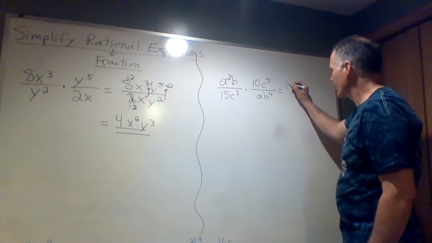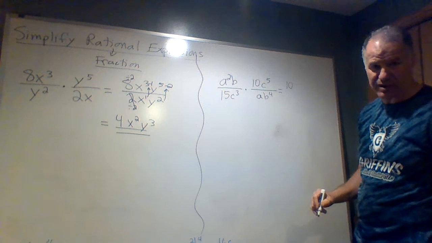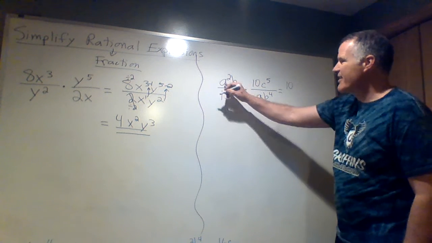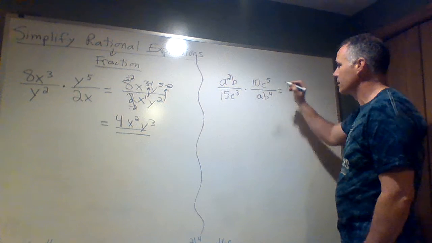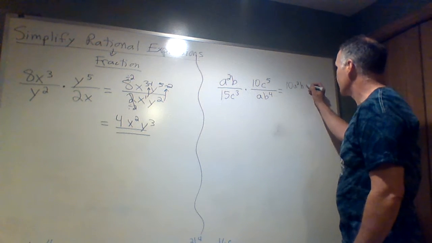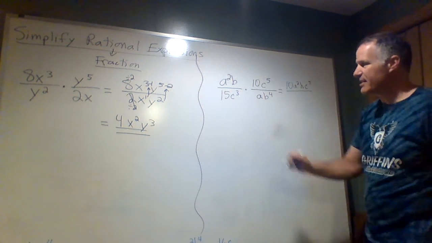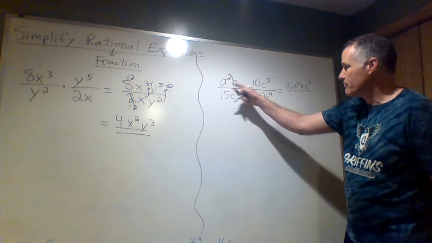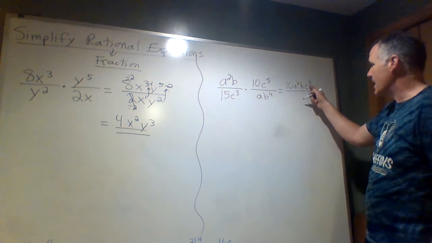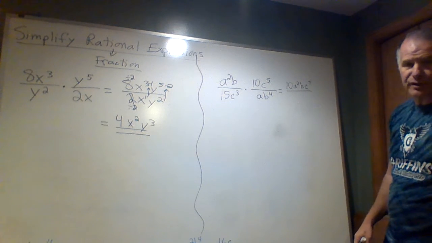Again, the way you want to write it is the number first, like a coefficient, and then the letters in alphabetical order. So a2, b, and then c5. Everybody see that? So the 10, then a2b, and c5 would go at the end because it's alphabetical order.